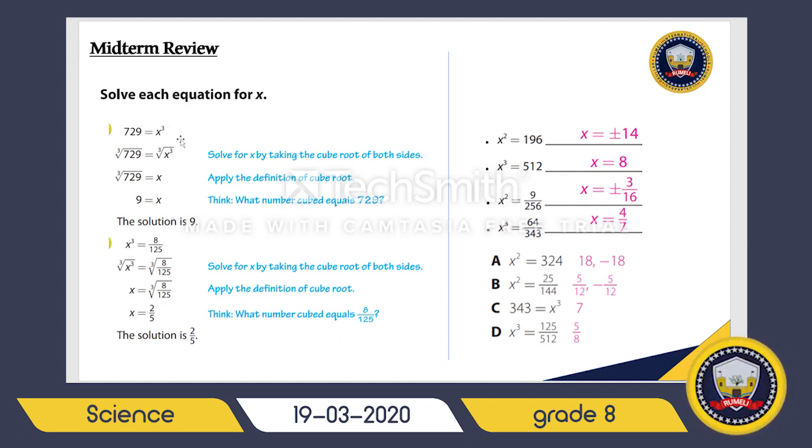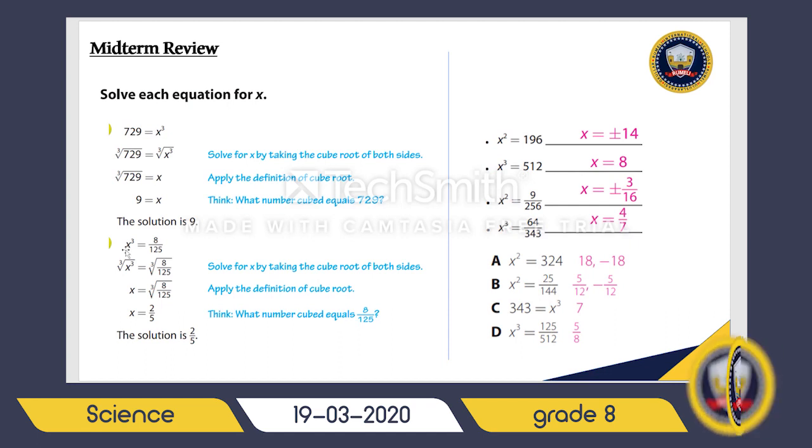So x cubed with cube root and 729 with cube root. We said that the cube and the cube root cancel out. So this gives me x, and this is the cube root of 729. From your list of perfect cubes, you know that the cube root of 729 is 9. So my x equals 9. This is the value of x.